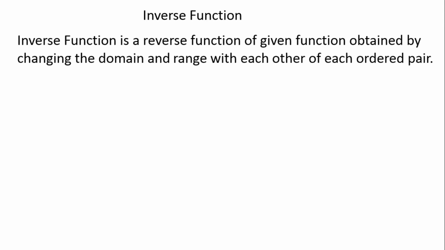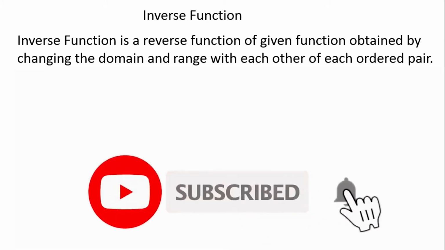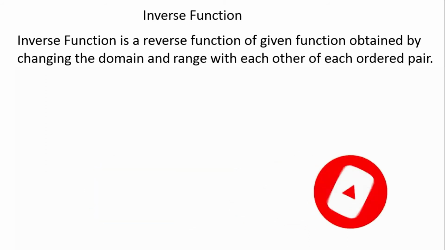Inverse function is a reverse function of a given function, obtained by changing the domain and range with each other of each ordered pair. So in any ordered pair, if we change the range and domain with each other, then it is called inverse function.